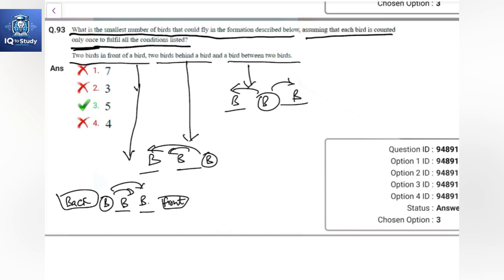Now by combining all the three, that means one more bird is there. Means bird, bird, and here is a bird and bird, bird.